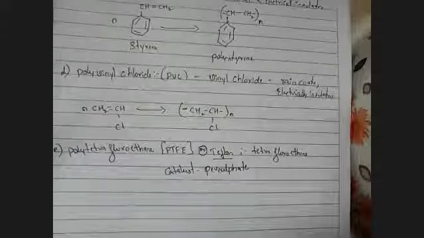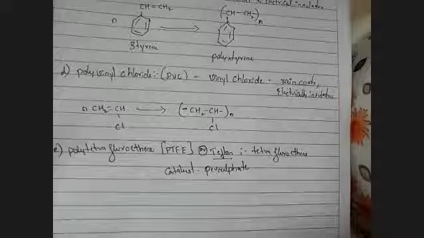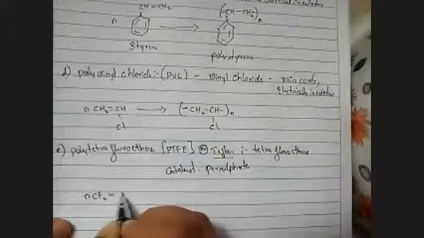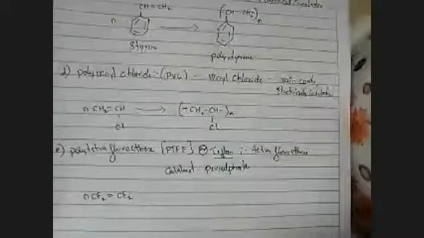Fine. Let us know the structure now. It is CF2 double bond CF2, this is tetrafluoroethene.